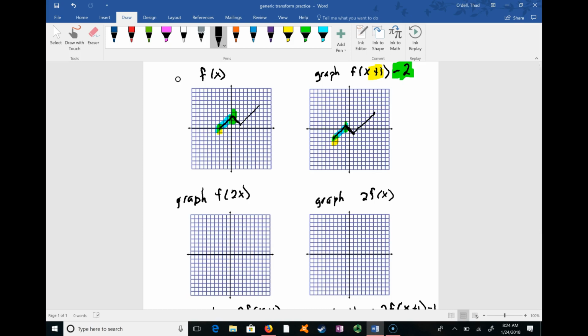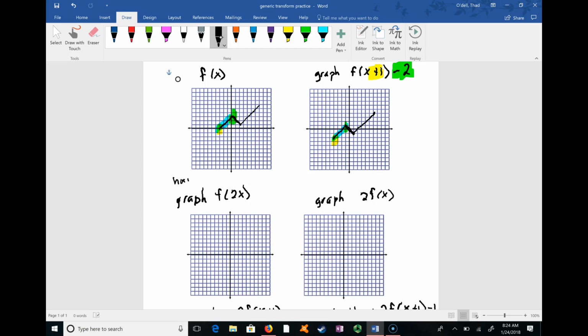So this one says I'm multiplying by 2 on the inside, which is going to produce a horizontal stretch by 1/2. Because remember, on the inside, the stretching has a reciprocal effect. So that means every point is going to be half as far away from the y-axis.